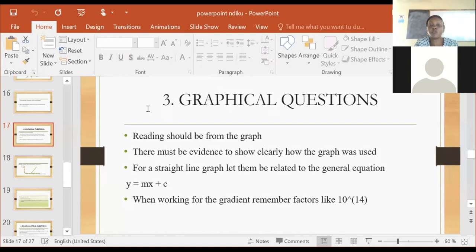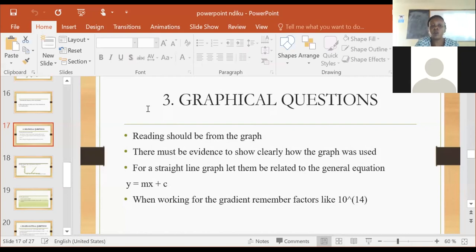When the graph is a straight line, then we have to relate it with the general equation, that is y is equal to mx plus c.